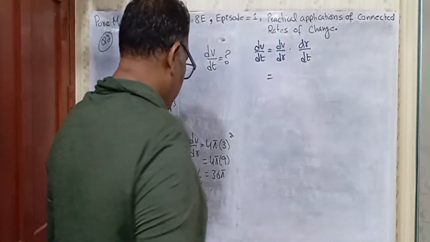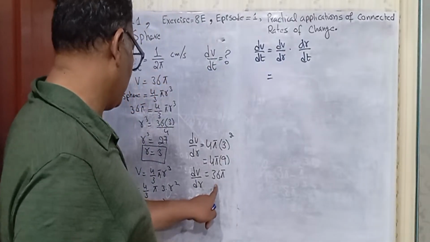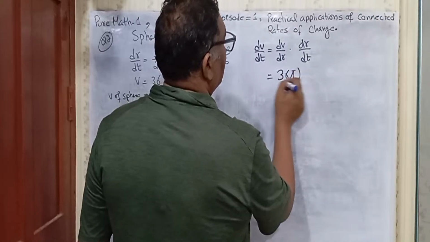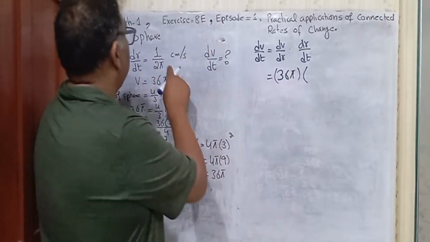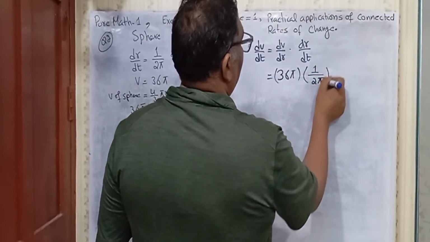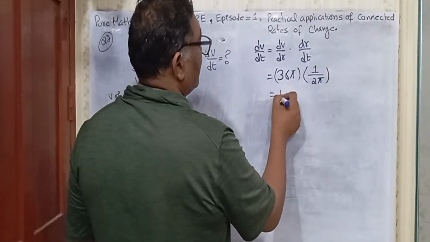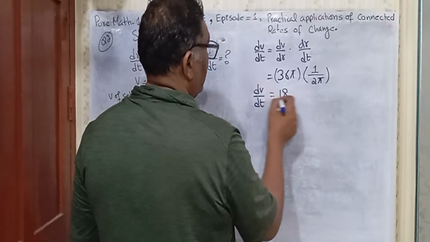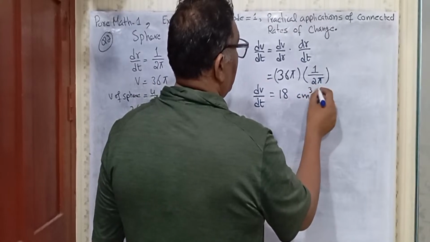The value of dV/dr at r equals 3 is 36 pi. So that's 36 pi into dr/dt, which is already given, 1 divided by 2 pi. So pi will be cancelled, 2 and 36 will be cancelled, you are left with 18. So dV/dt will be equal to 18 centimeter cube per second.